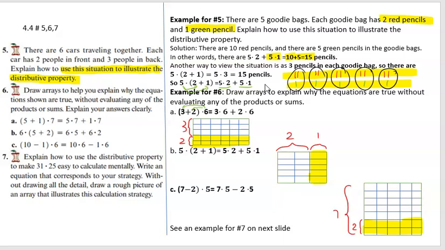Now 6 columns. 6 means columns. So I have 6 columns here: 1, 2, 3, 4, 5, 6. And again, when we count the total number of boxes here, we could take the total number of 5 rows times 6 columns, or we could count how many white boxes we have. That's 3 rows and 6 columns, which gives us 3 times 6.